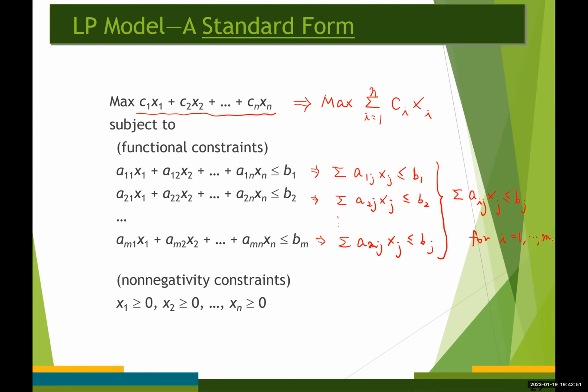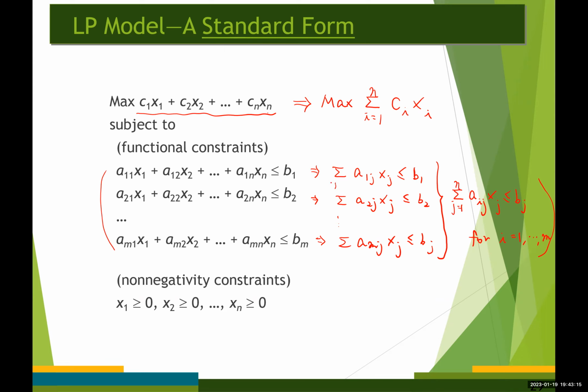In a way, this expression can represent all of these constraints, okay? Of course, here, j is going to be 1, 2, up to n, right?